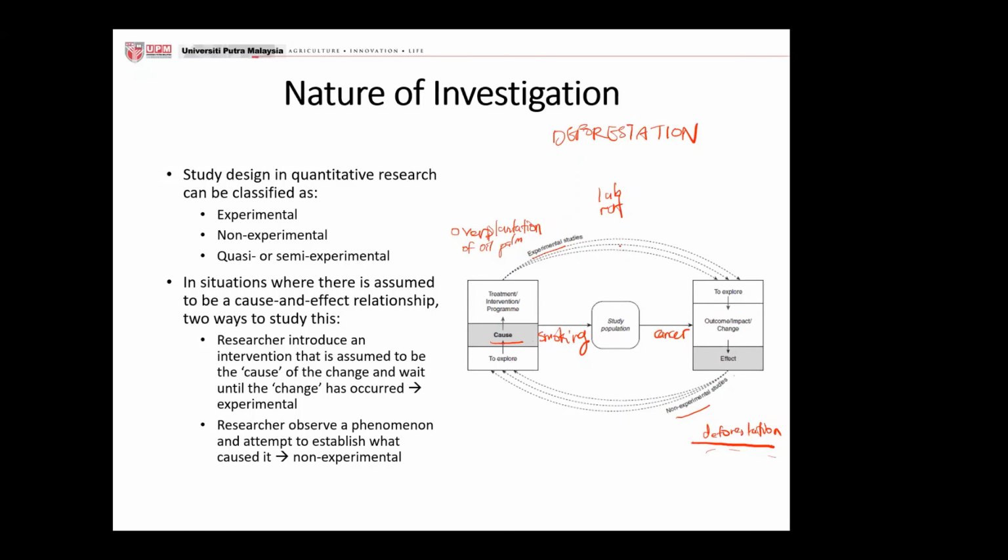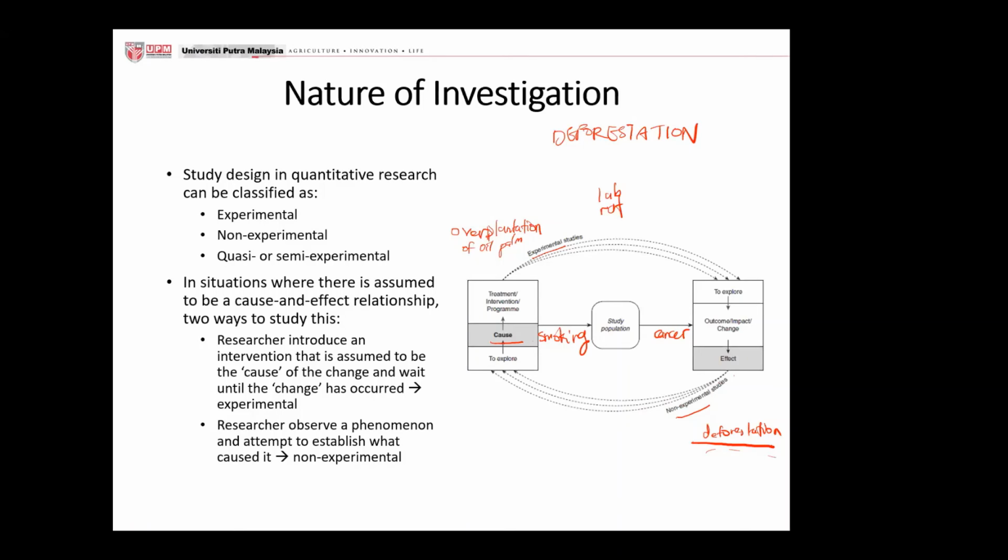Whereas if you are doing a non-experimental study, the cancer is already there. You cannot experiment anymore, where that person already has cancer and you ask them to smoke to check.